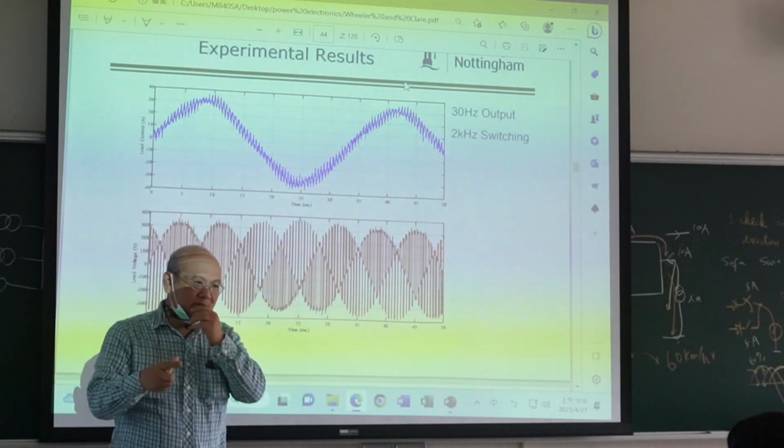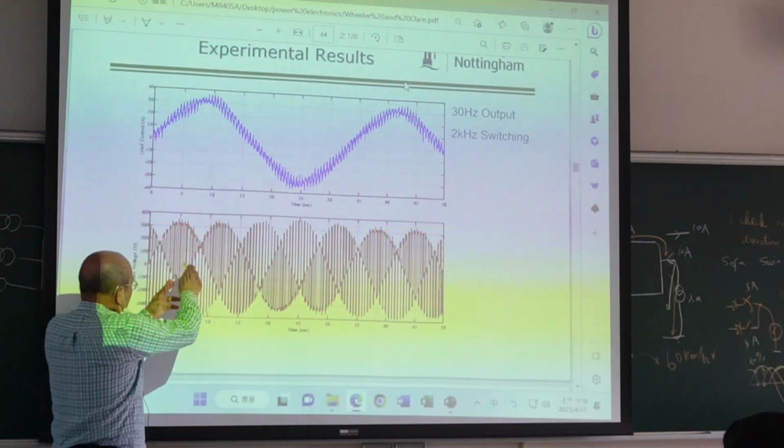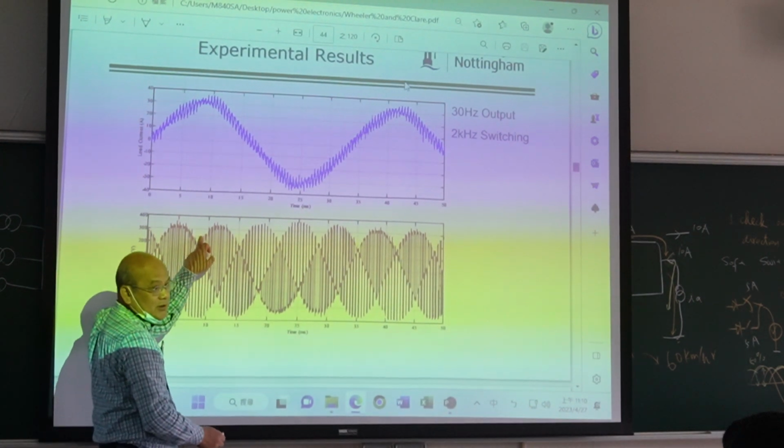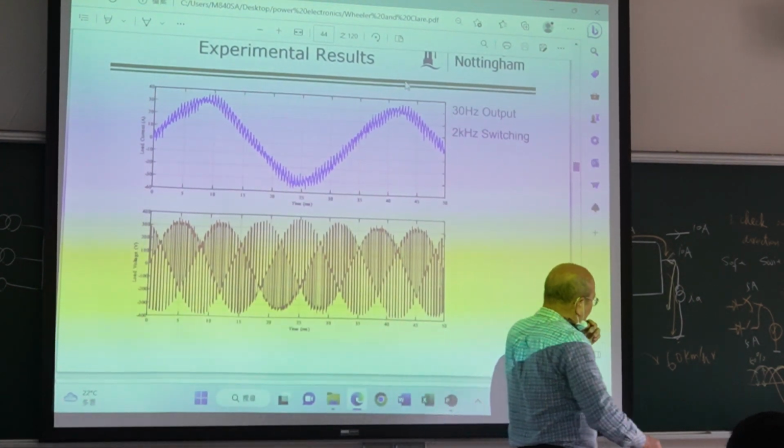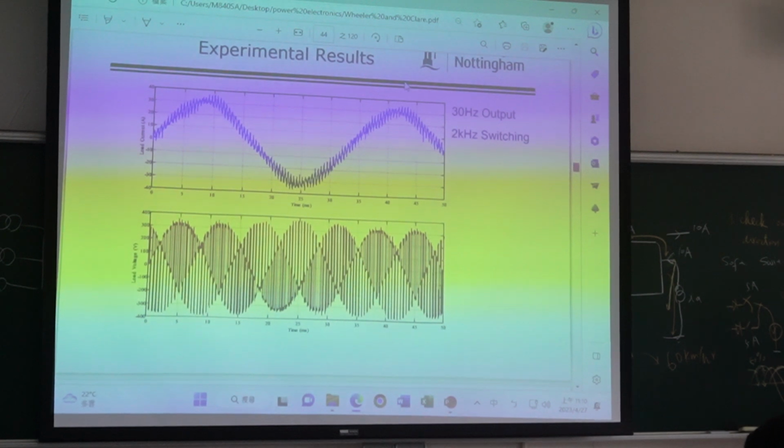So one student go back and think, finally, he think we can inject third harmonics. So if you have a sine wave, then what can I do? I can inject harmonics like this.